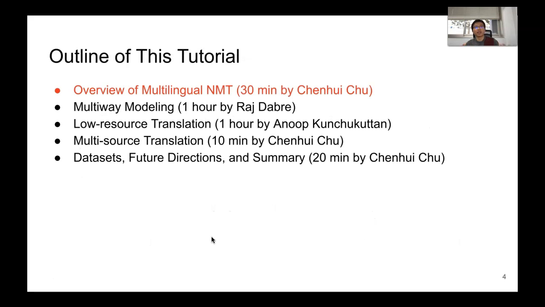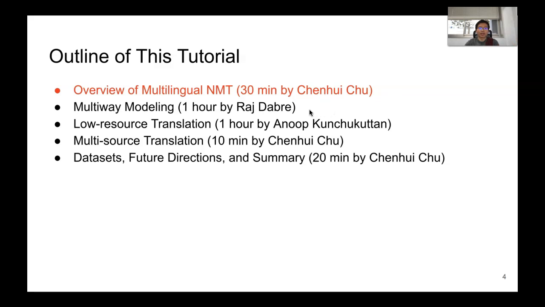And this is the outline of our tutorial today. First, I will give a brief overview of multilingual neural machine translation in around 30 minutes. After that, my colleague Raj will give a detailed presentation about the multiway modeling of multilingual NMT.